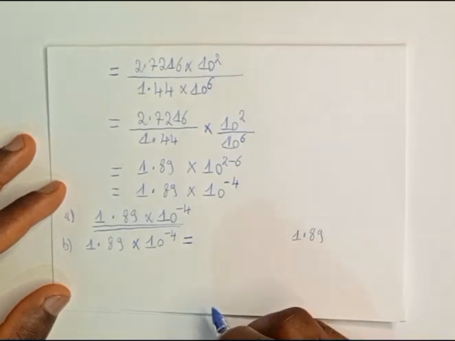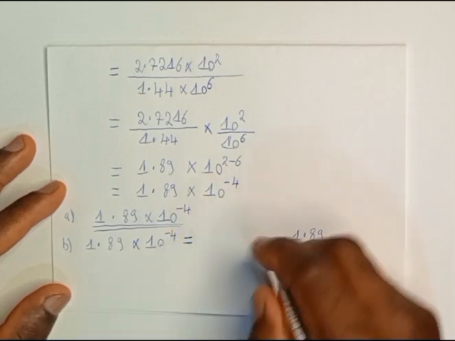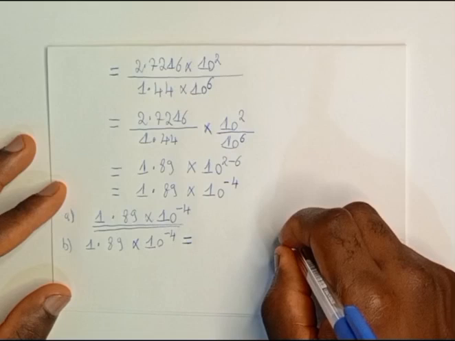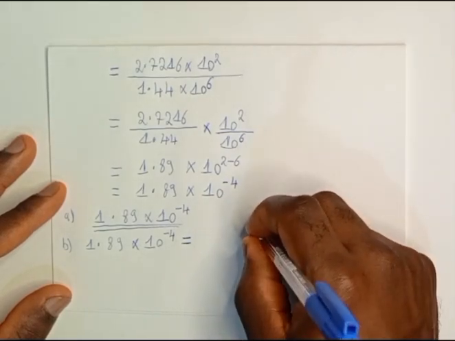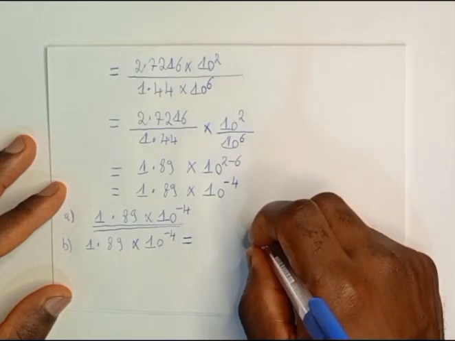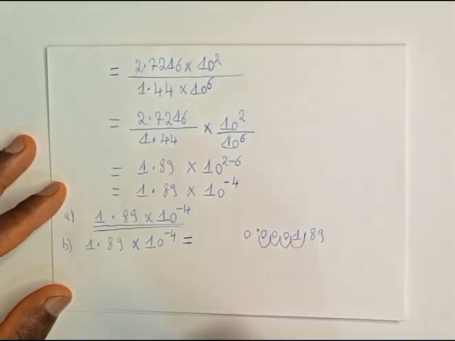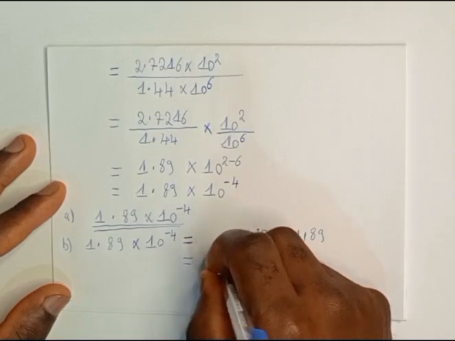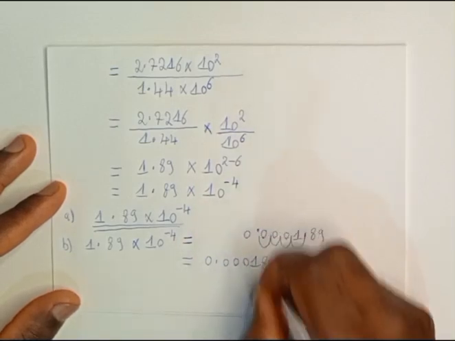Then we are going to move the decimal point 4 places to the left. Since the power is negative, we are going to move it 1, 2, 3, 4. Decimal point here. Then we fill in these gaps with zeros. And this will simply be equal to 0.000189.